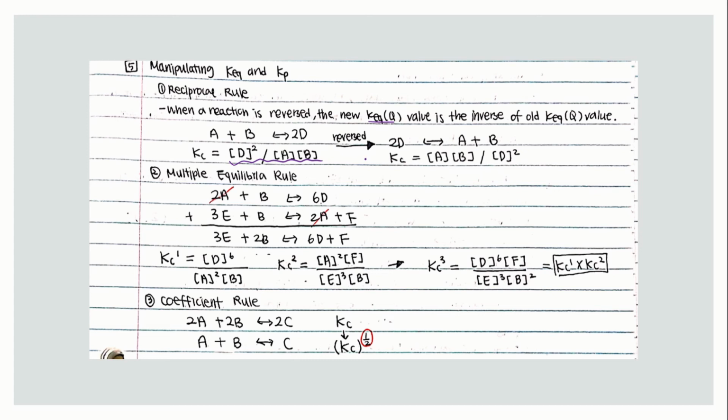The next rule is the multiple equilibria rule, and it is used when two reactions are combined to produce the overall reaction.